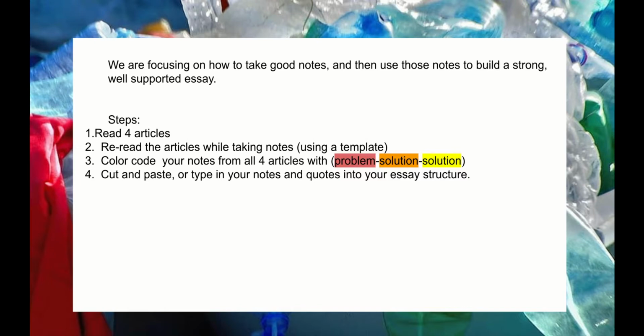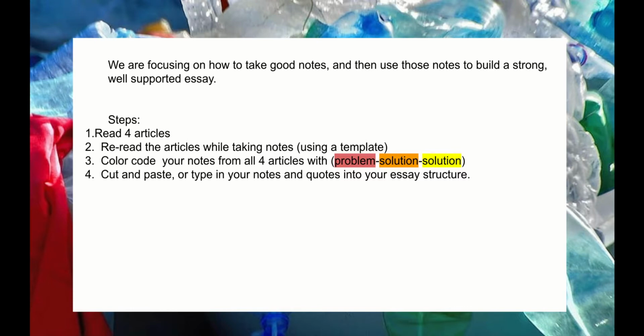And then after that, on Thursday, you're going to be color coding your notes from all four articles with the problem solution structure. So you're going to think about all of the things that you read that define the problem. And you're going to reread through your notes and you're going to highlight in red anything that's telling about the problem of plastic pollution. Then you're going to be thinking about what two solutions you think could really help.